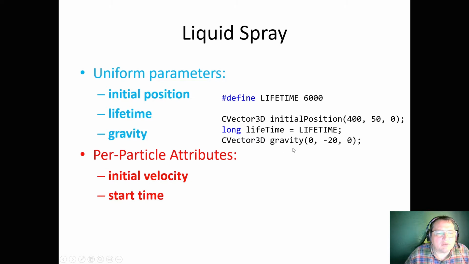And gravity, another three-dimensional vector, 0, -20, 0. You might wonder why it's 20, not 10, which is a typical Earth gravitational value, but this is not an Earth-based reality simulation.